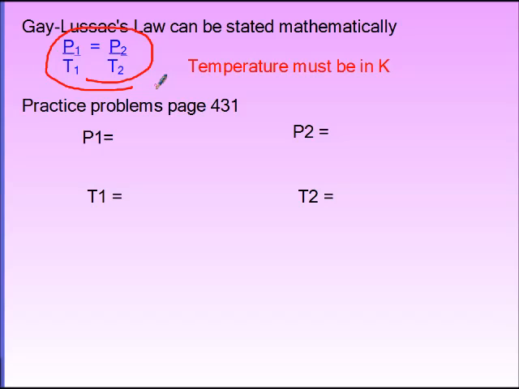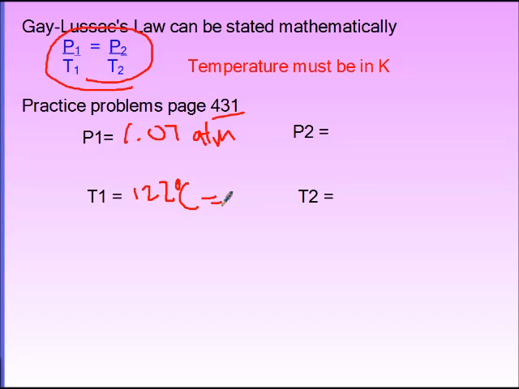If I look at my practice problem on page 431 of your textbook, I would look at the first one. Question number 1 says at 122 degrees Celsius, the pressure of a sample of nitrogen is 1.07 atmospheres. What will the pressure be at 205, assuming constant volume? Okay, so when I go to write out what I know, my pressure is 1.07 atmospheres. I know my temperature is 122 degrees Celsius.